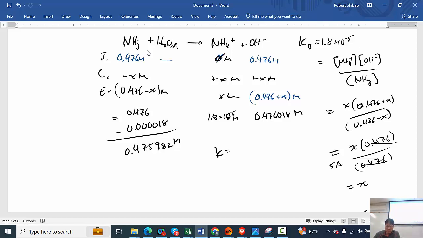So we'll take 1.8 times 10 to the minus 5 times 0.47618 divided by 0.475982. And so the K comes out to 1.8001 times 10 to the minus 5. So it looks good.